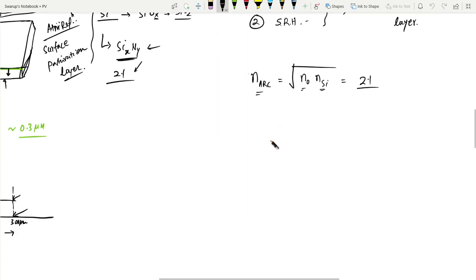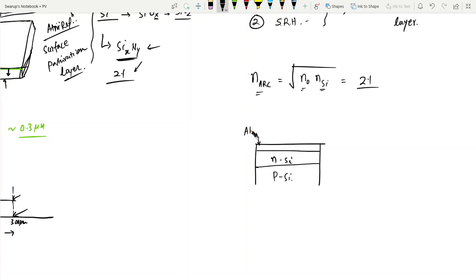For that we need to understand this concept. So let's say this is the N-type silicon, and of course we have the P-type below, right? On top of it we are putting our ARC, anti-reflection coating.